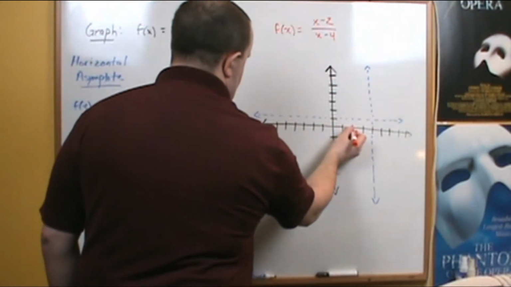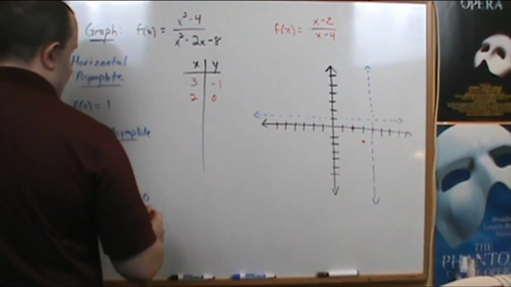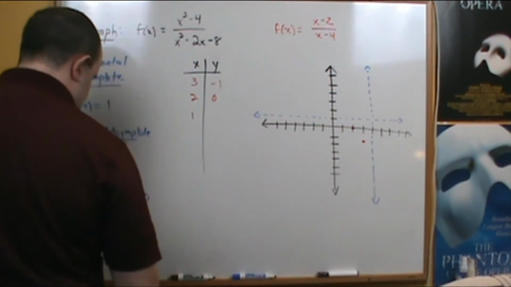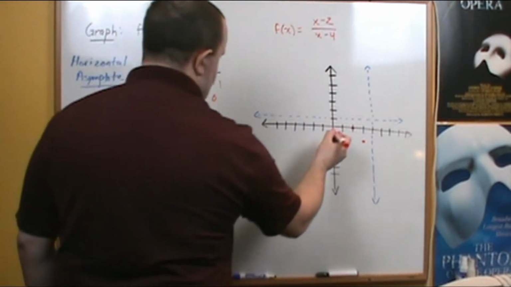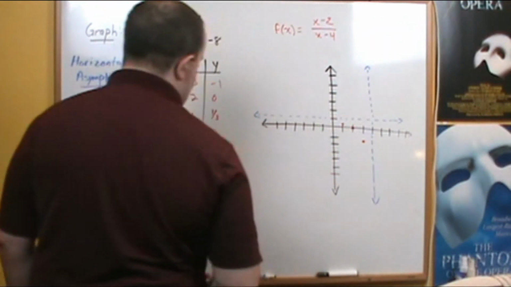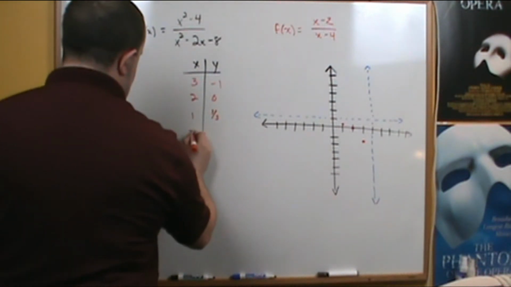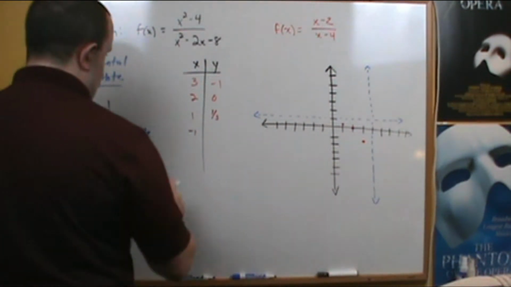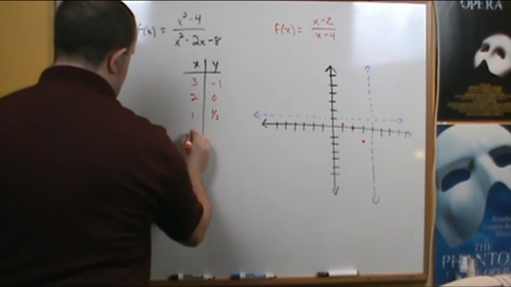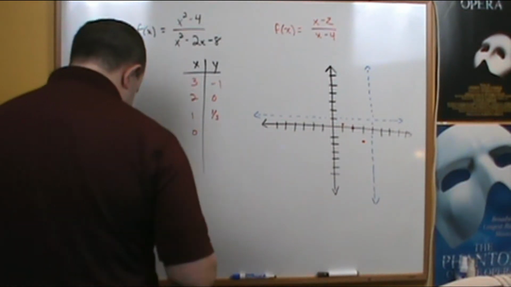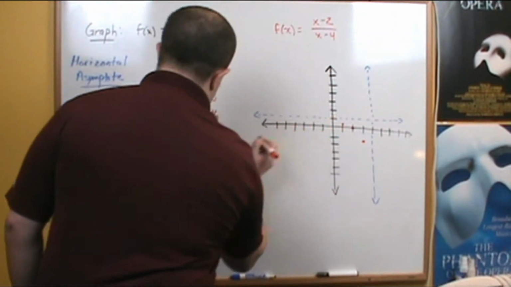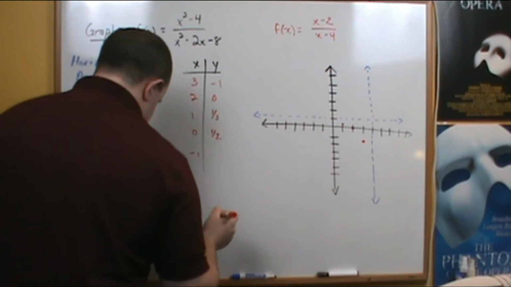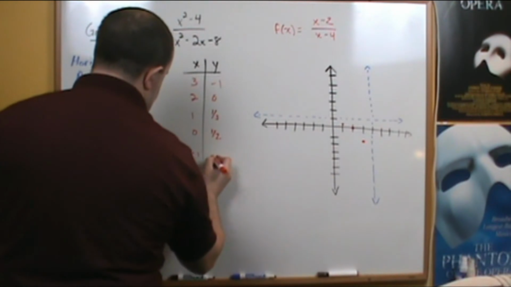At x equals 1, that'll give us 1/3, right about there. When x equals 0, we get 1/2, and x equals negative 1, we get 0.6.